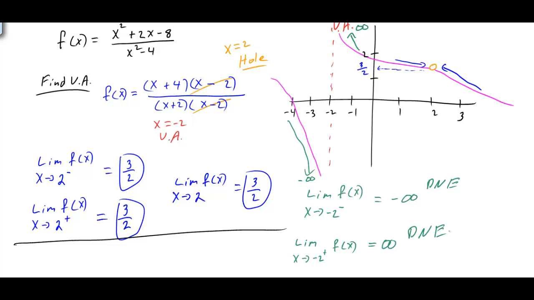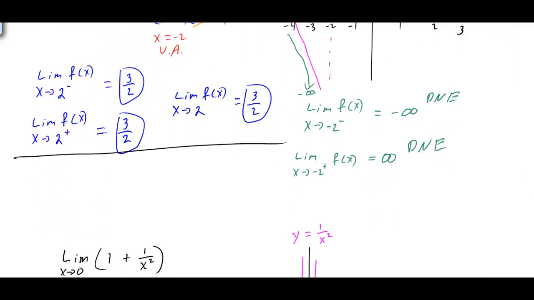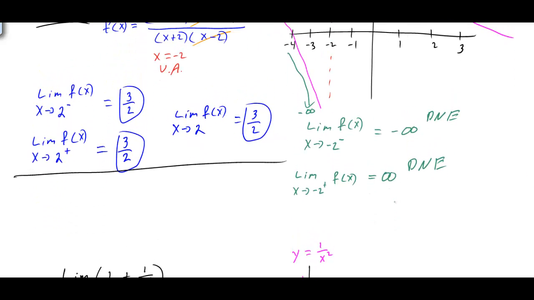So then, of course, if we were to calculate this limit as x approaches negative 2, because of the infinity and negative infinity, we clearly know the limit does not exist.